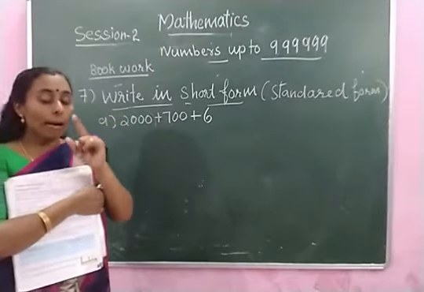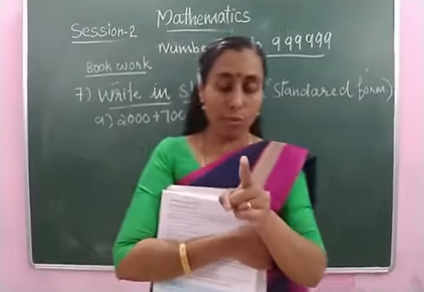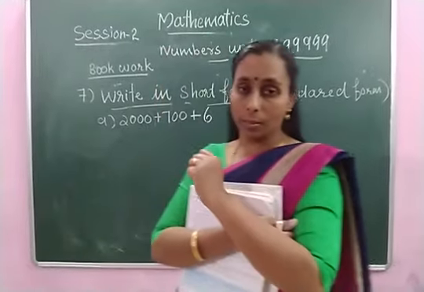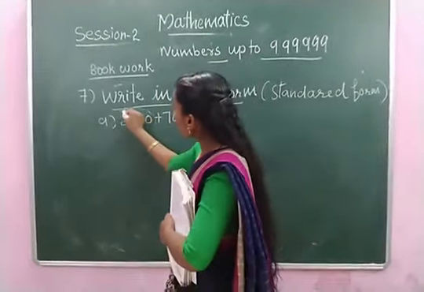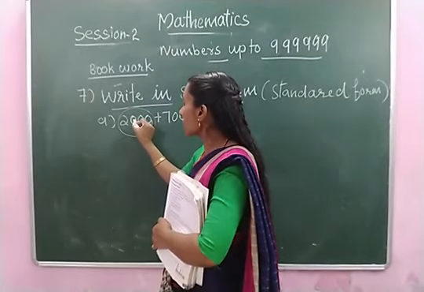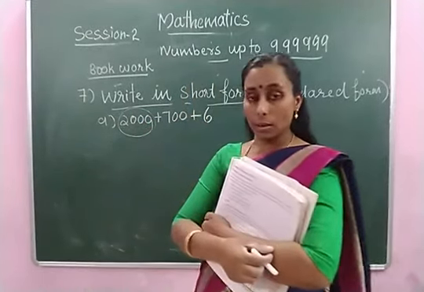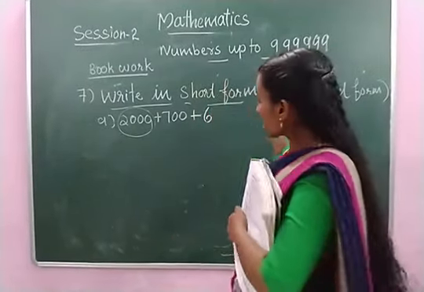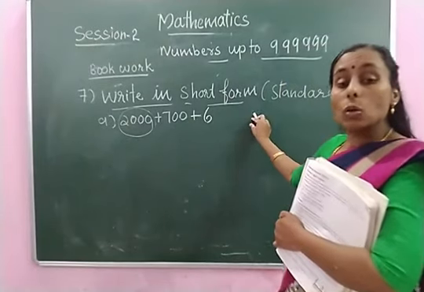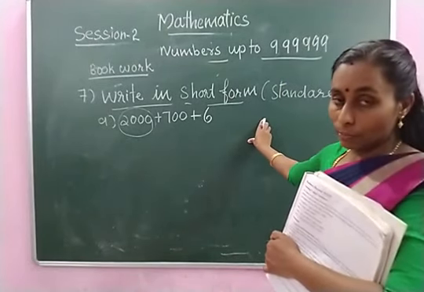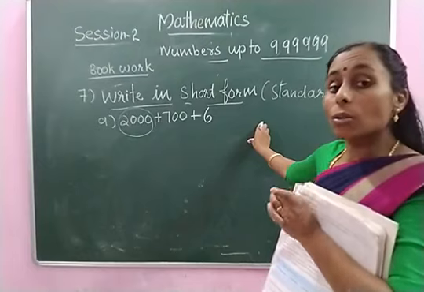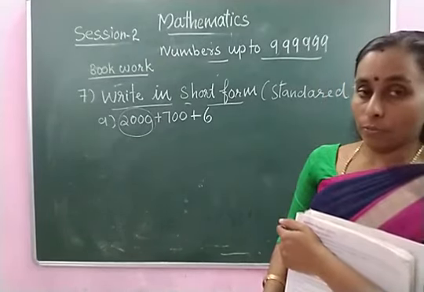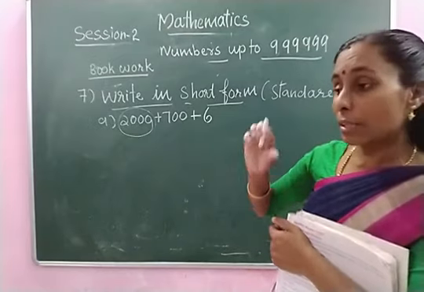While we are writing in the standard form, there also must be 4 digits, because 2,000 has ones, tens, hundreds, thousands, 4 digits. When we write it into the standard form, there also must be 4 numbers. So we have to come to know which place is missed.